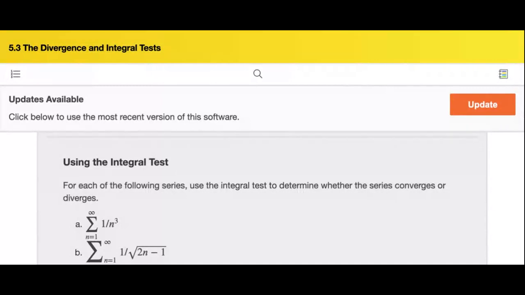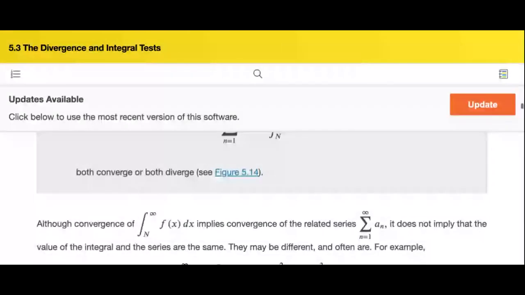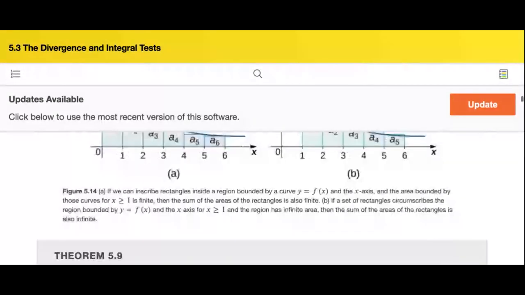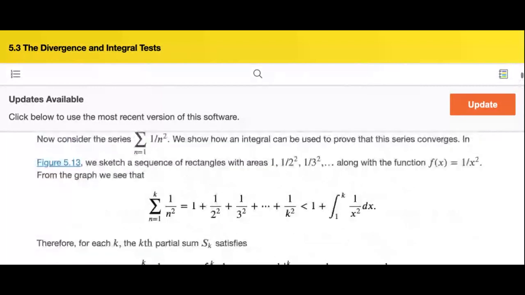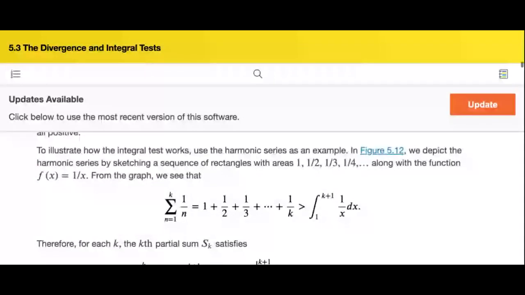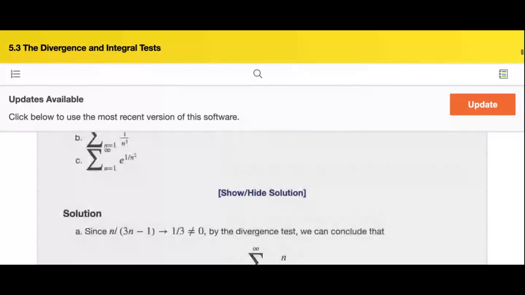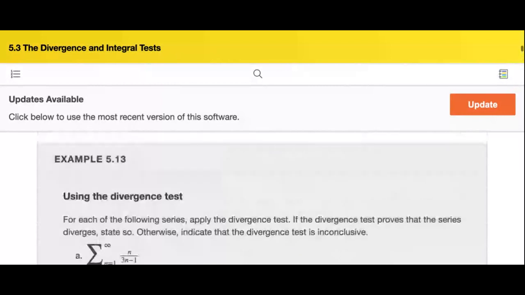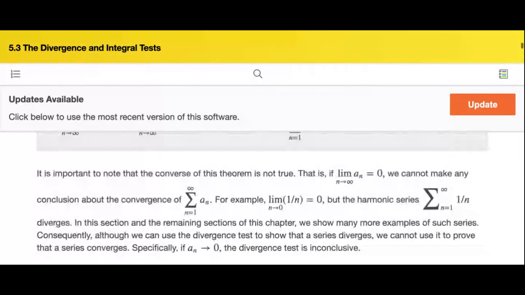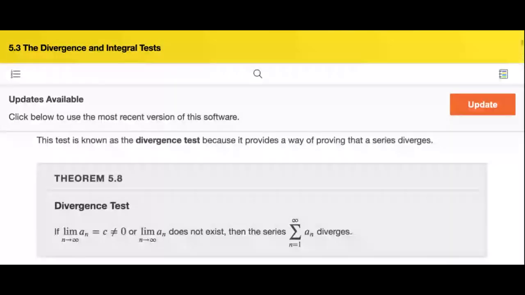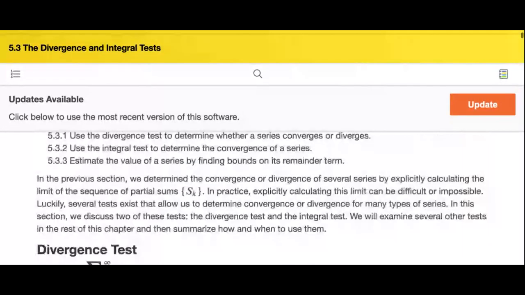And the divergence test is only able to tell us if a series diverges. If the limit of the nth term is not equal to 0, it tells us the series diverges. That's all. It won't be able to tell us if a series converges.